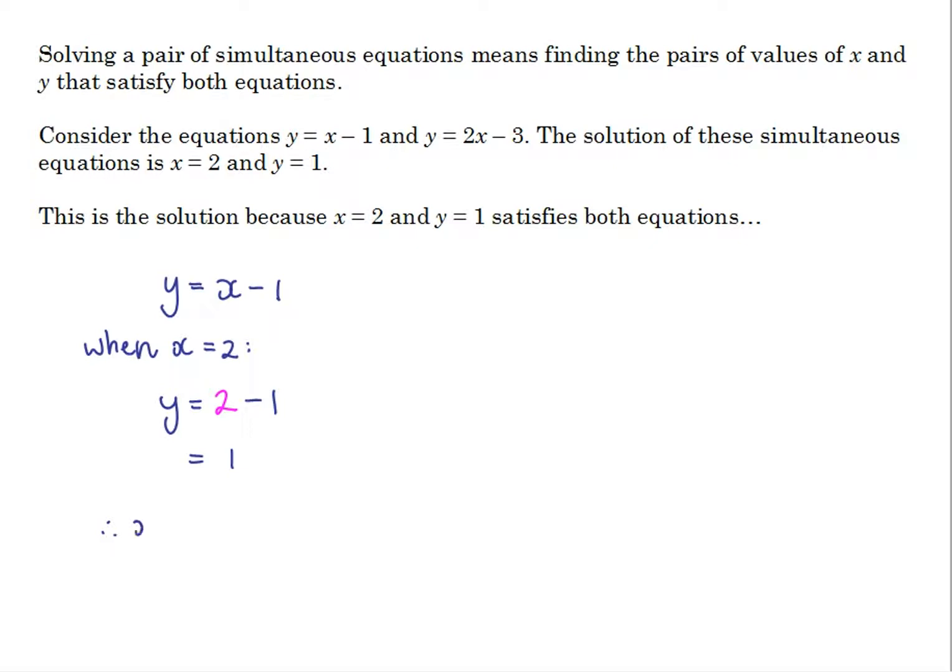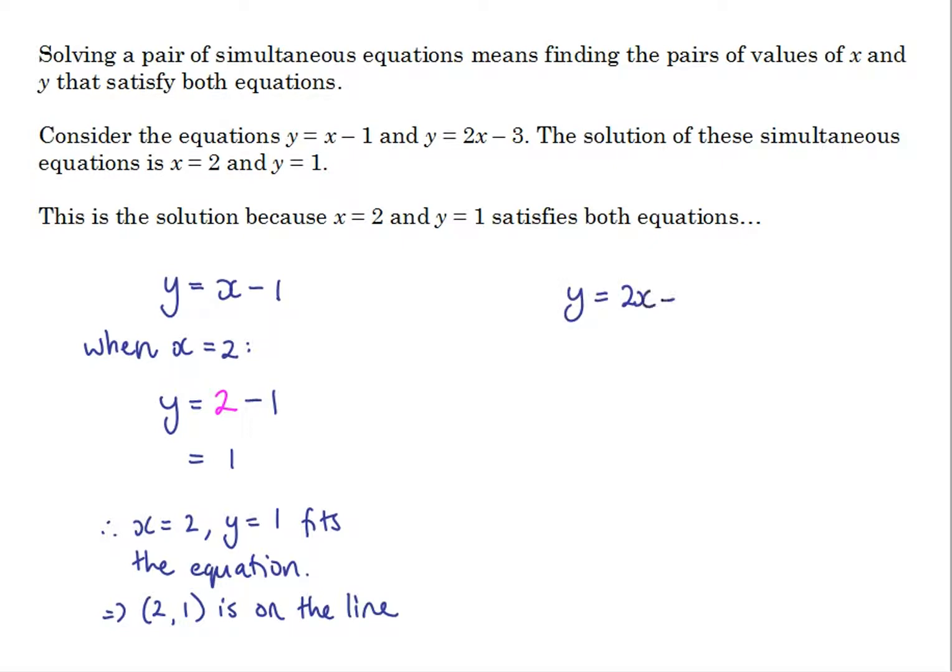So therefore x equals 2, y equals 1 fits the equation, which graphically means that the point (2, 1) is on the line. Thinking about the second equation, y is equal to 2x minus 3, when x is equal to 2, y will be 2 multiplied by 2 minus 3.